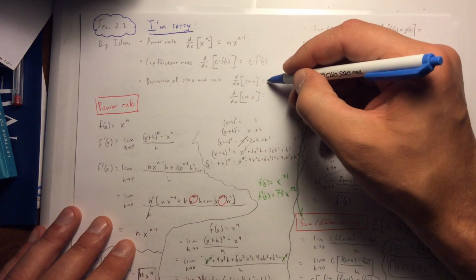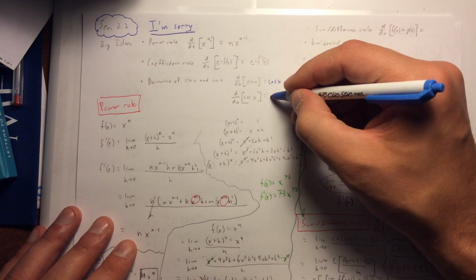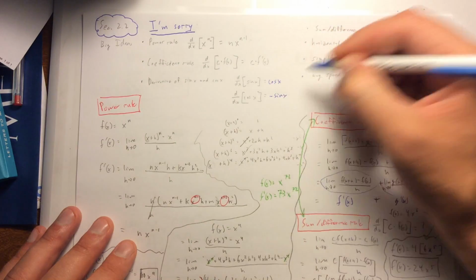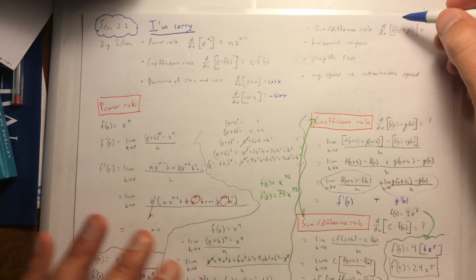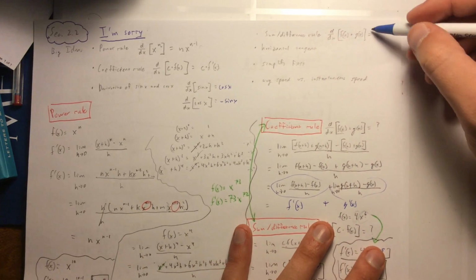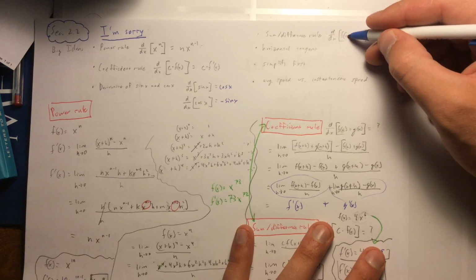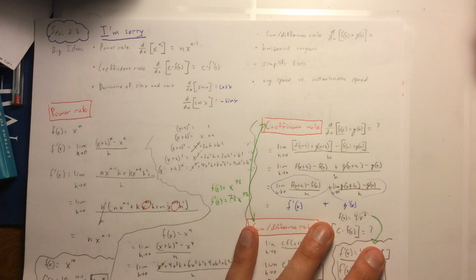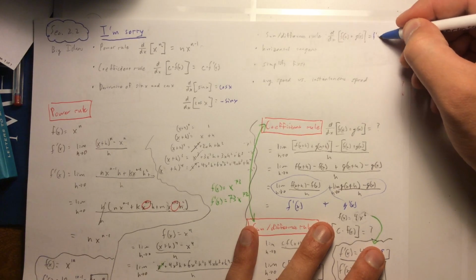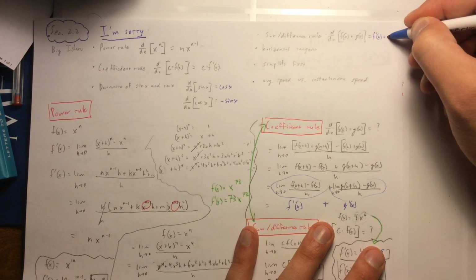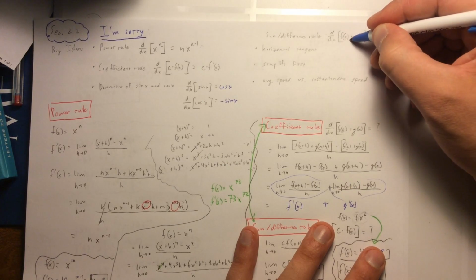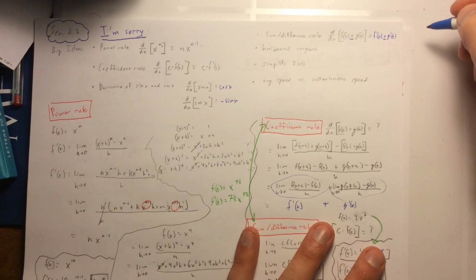Derivative of sine of x is cosine of x. The derivative of cosine of x is negative sine of x. The sum and difference rule here: if you're adding two functions together, just take the derivative of each part separately. This also works for subtraction.